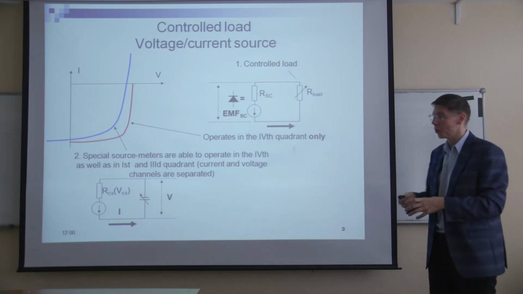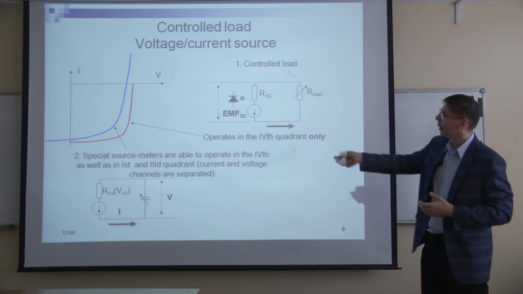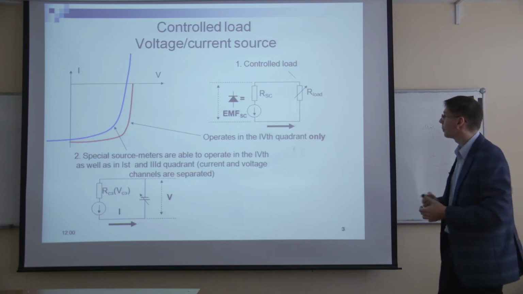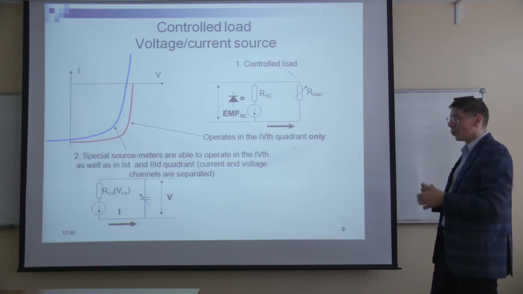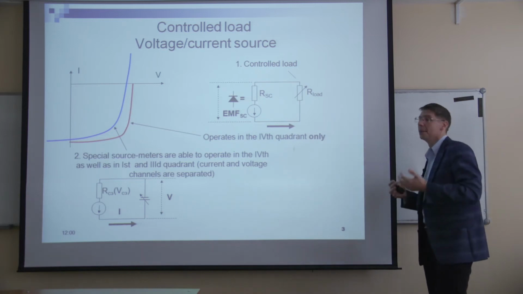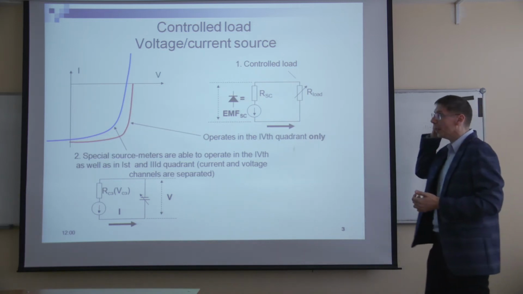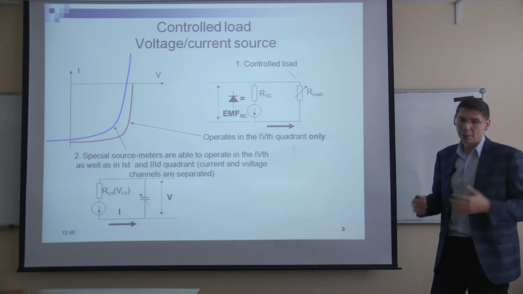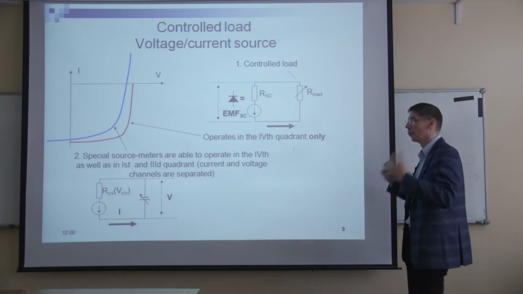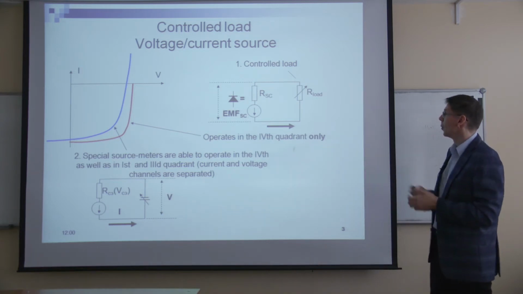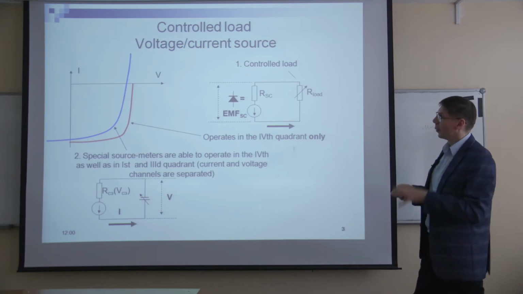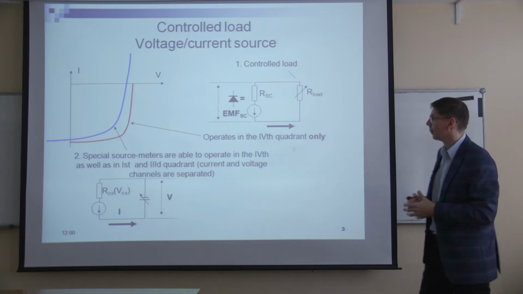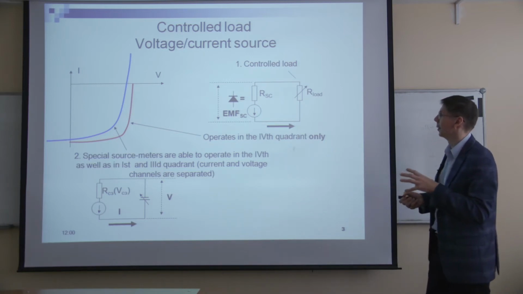You can change this value, and you can sweep along the IV curve, but it could be a more complicated device controlled by a computer and with high load power up to 100 or even a few hundred watts. So this is one of the solutions for how to measure the IV curve in this quadrant, the fourth quadrant.